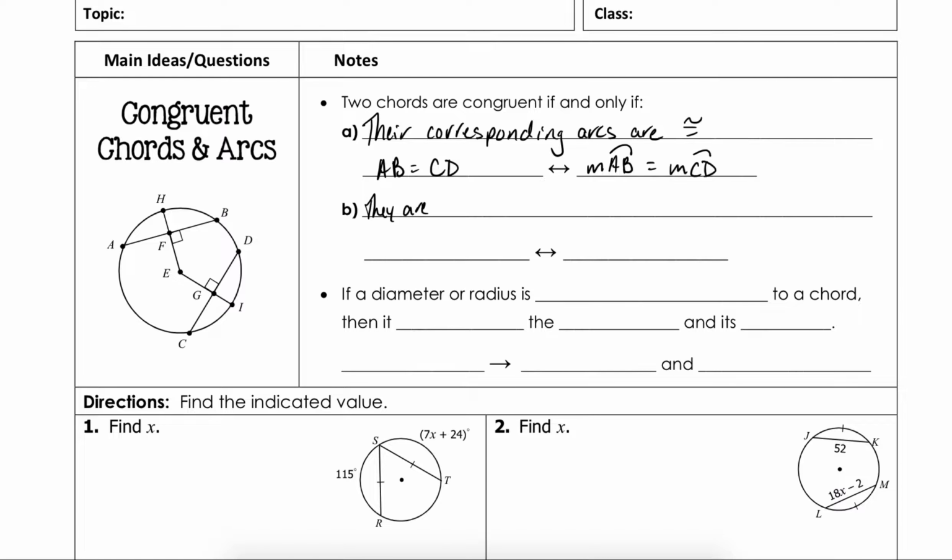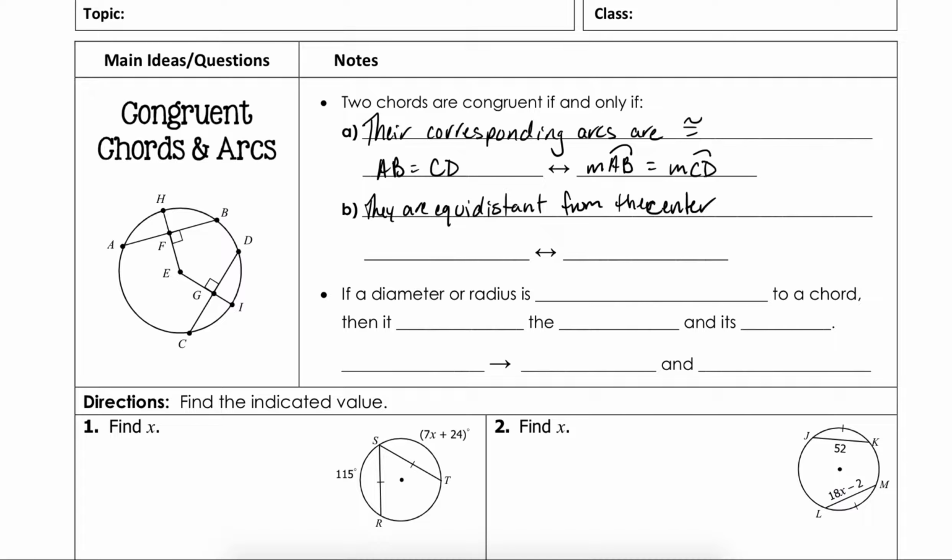Okay, another theorem is they are equidistant. Ooh, what does that word mean? What do you think it means? Let's look at the word. Distant means distance. Equa means equal. So equidistant means equal distance from the center of the circle.